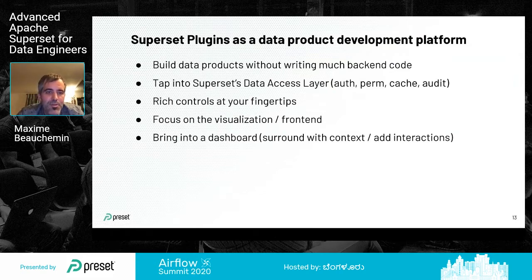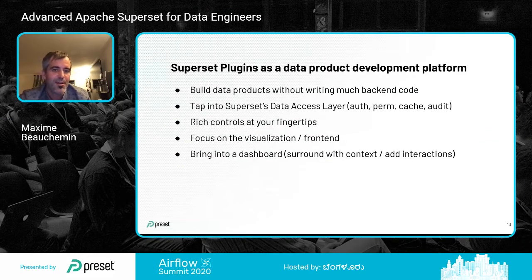You can tap into the Superset data access layer. There's a lot going on behind the scenes in Superset to generate the queries and talk to external databases like Redshift, BigQuery, Snowflake, whatever it might be, while doing authentication, permissioning, caching, and audit. That's a lot that the Superset backend does for you if you want to build a little data application or data product.